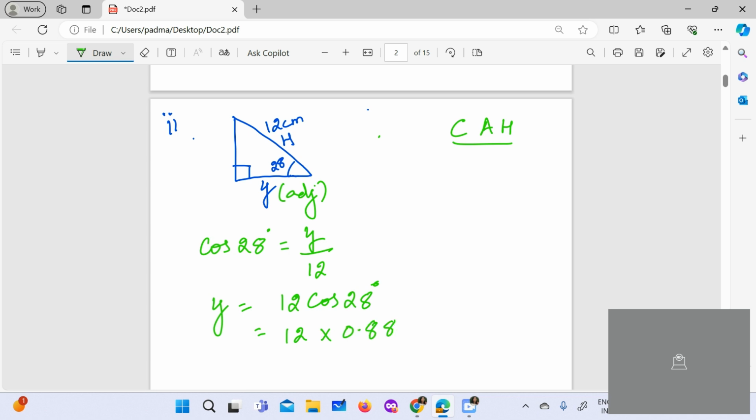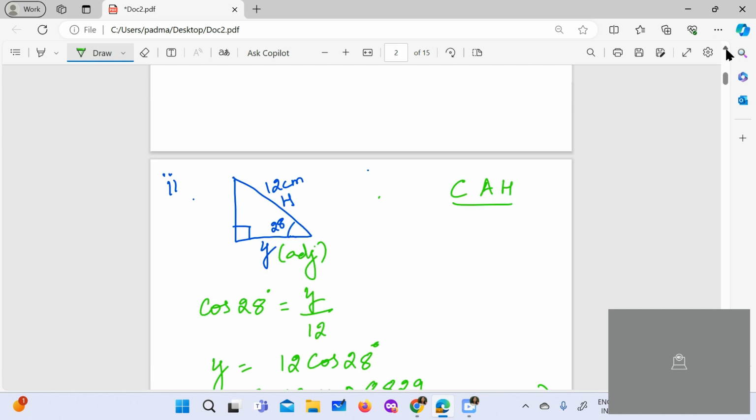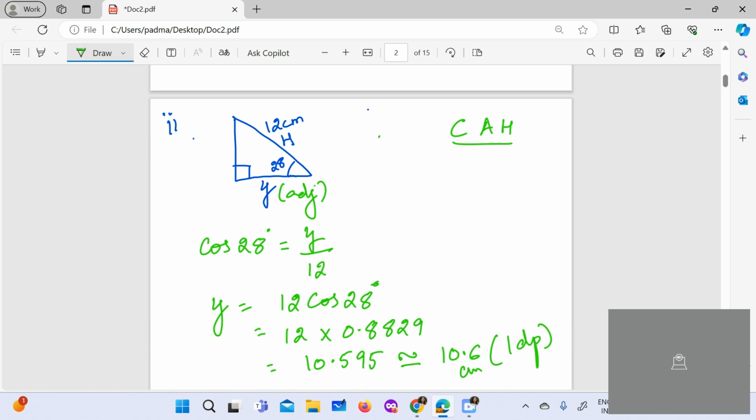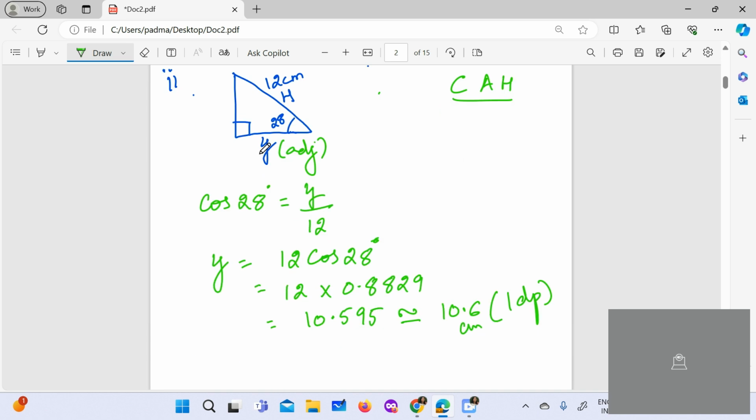You can use your calculator, and then we get here 10.595. So we can round it up to one decimal place and we get 10.6 centimeter. So in the previous one, we found this vertical length using sine, and here we found this adjacent length using cos.